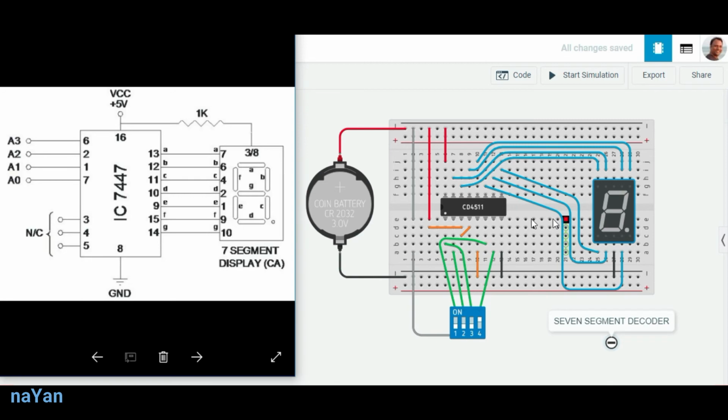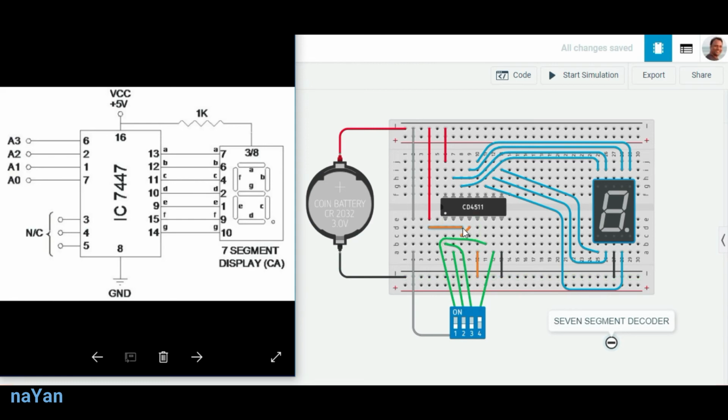In the case where we are using a 4511 IC with a common cathode 7 segment display, we have to make these connections. Pin number 3 and 4 we have to short and connect to VCC, and we have to connect pin number 5 to ground.